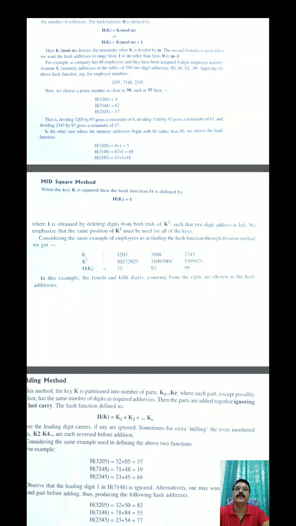We get k equal to 3205, k square equal to 10272025, and h of k equal to 72. That is obtained by removal of the digits on the right and left. So right 3 digits and left 3 digits, 102 and 025, are removed, and that gives 72, that is h of k.